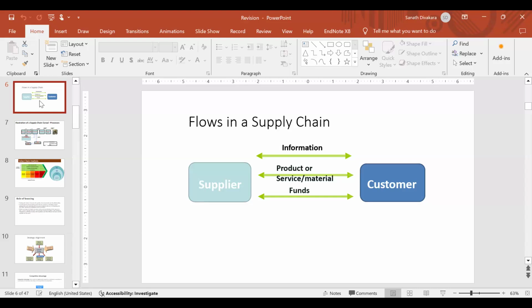If no customers, no business. So you need to match the requirement of the customer. If you don't meet the requirement of the customer, then you will not get business.